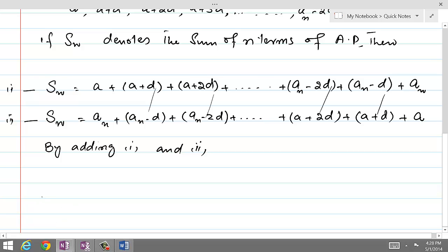So what we will be left with is Sn plus Sn, meaning 2Sn, equal to a plus an for the first sum, and a plus an again for the second sum, a plus an for the third sum, and this way we continue onward.